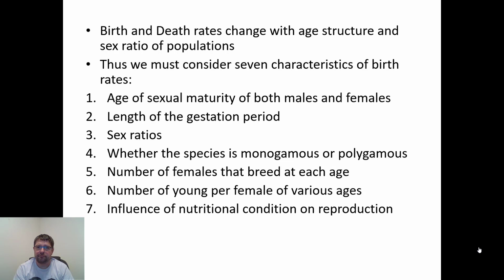I'll give you some examples of this, but it can be extremely important that the nutritional output of the given plants or animals in that region has a direct effect on the birth rate of that given population, or even a given age structure within that population.